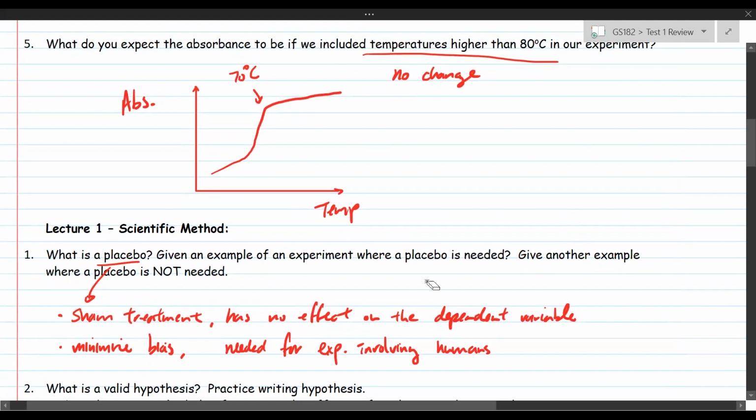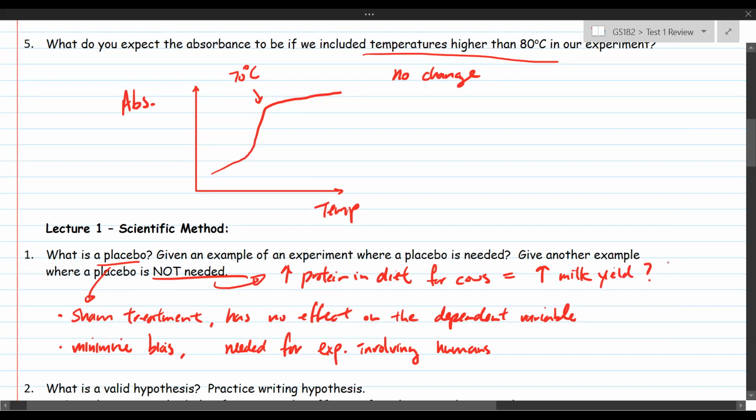Give another example where a placebo is not needed. Like testing with animals. In class, we had an example where you want to see if increased protein in diet for cows equals increased milk production.